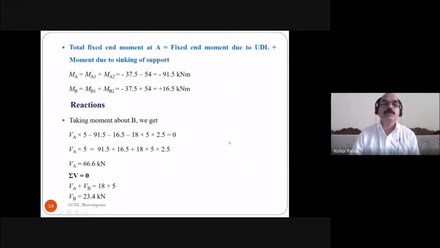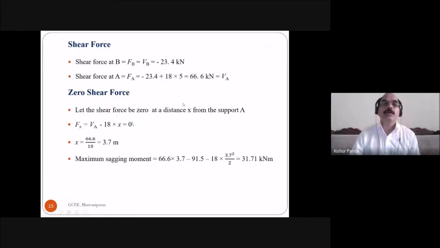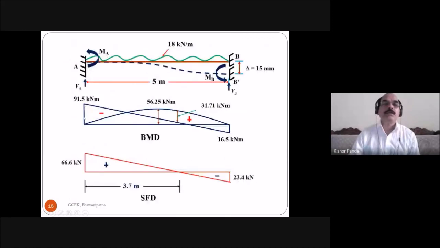Here you see MA you got minus 91.5 kilonewton meter, and MB you got 16.5 kilonewton meter. So this side is your 91.5 kilonewton meter negative, and this side is your 16.5, opposite, because this side is your negative, this side is your positive, and this free BMD is your positive.